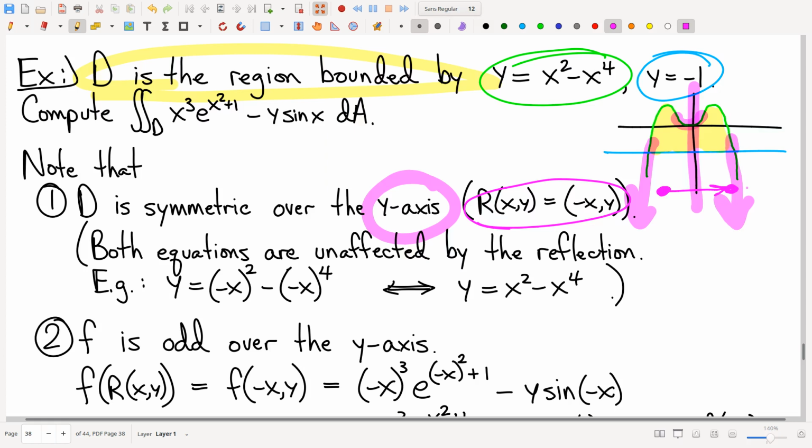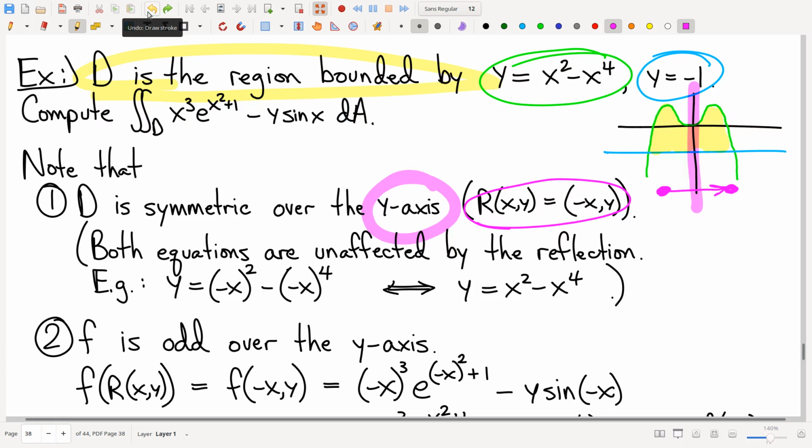Okay. All right. Okay, so we've got our formula for our reflection. I'm asserting that green curve is symmetric. How do we actually see algebraically that green curve is symmetric?